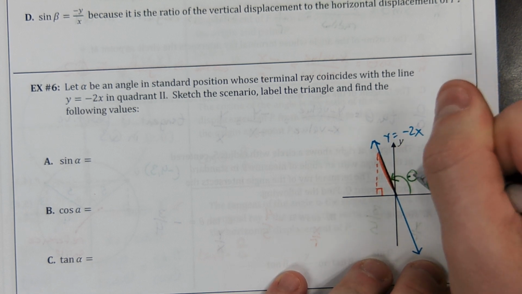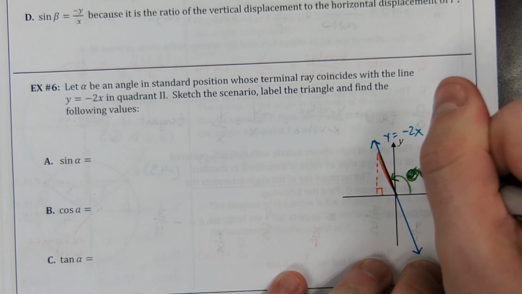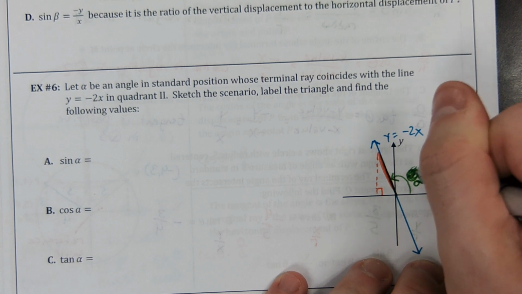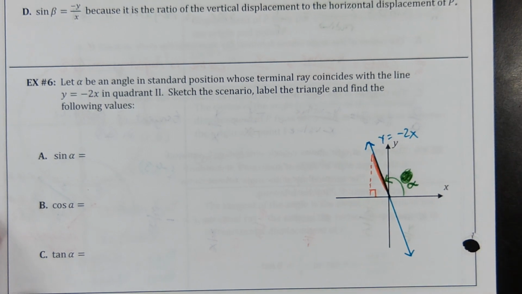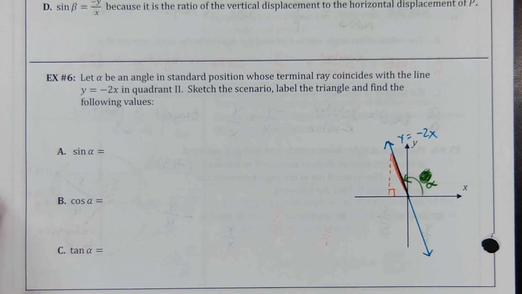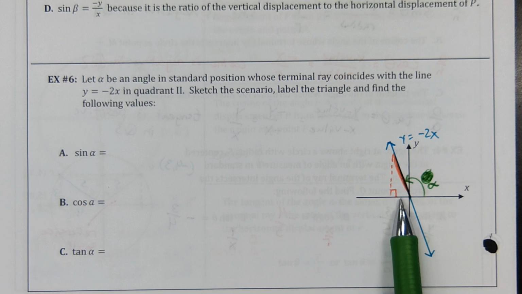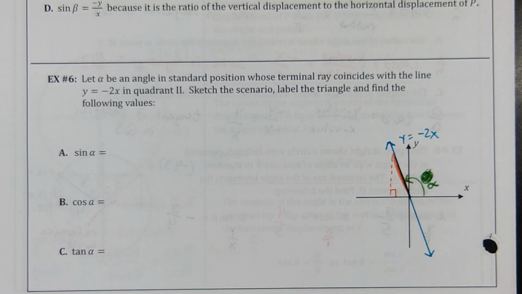Oh, it's alpha, isn't it? Sorry, it's not theta, it's alpha. There we go. What can you guys tell me about this side of this triangle? It's got a negative x value, doesn't it? I have a negative x value here.